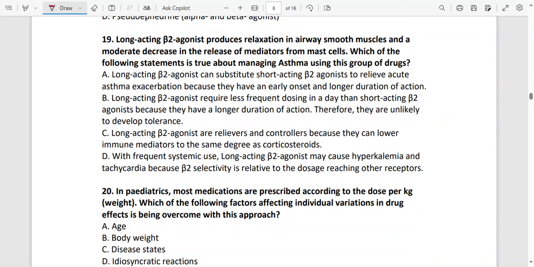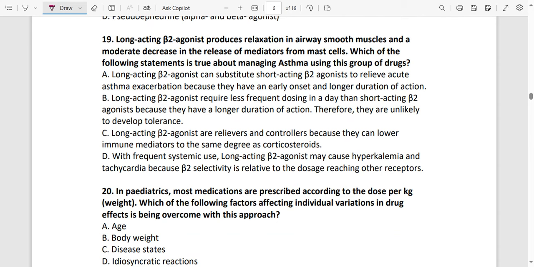Long-acting beta-2 agonists produce relaxation in airway smooth muscle and a moderate decrease in the release of mediators from mast cells. Which of the following statements is true about managing asthma using this group of drugs? A. Long-acting beta-2 agonists can substitute short-acting agonists to relieve acute symptoms of asthmatic exacerbation because they have an early onset and longer duration of action.